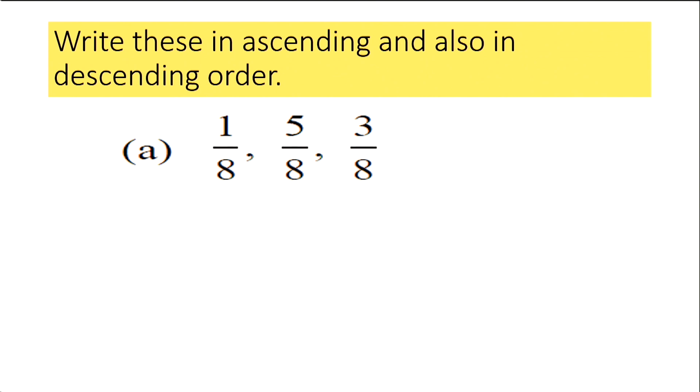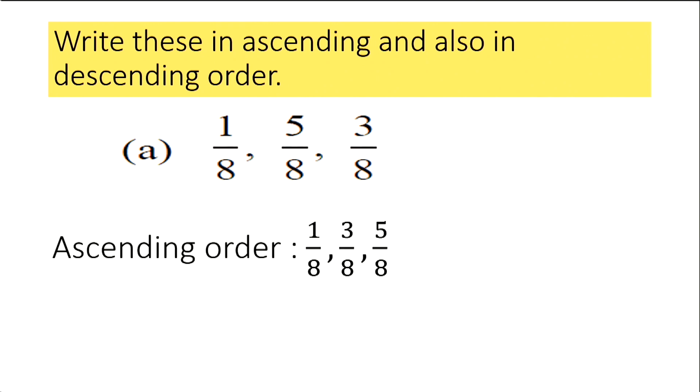According to the statement, if the denominators are the same, the greater the numerator, the greater the fraction, and the smaller the numerator, the smaller the fraction. So, in arranging ascending order, 1 by 8 is smaller than 3 by 8 and 3 by 8 is smaller than 5 by 8. Therefore, the ascending order of the given fractions is 1 by 8, 3 by 8, 5 by 8.